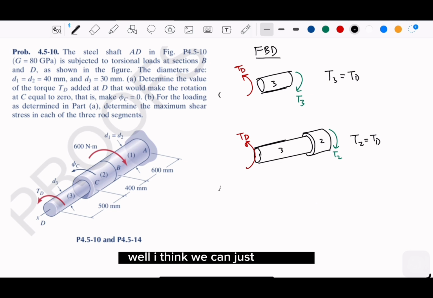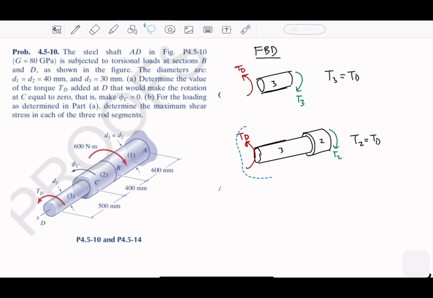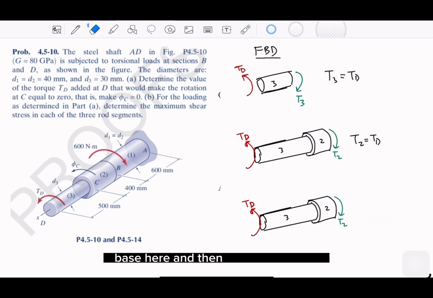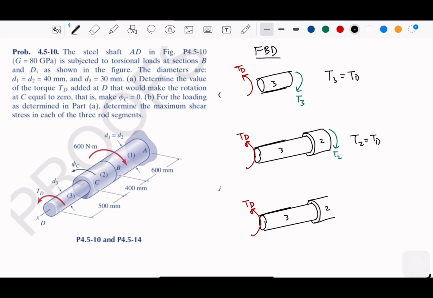Well, I think we can just copy this part, paste here, and then add another one. So 2 maybe right there, and then 1 is here.